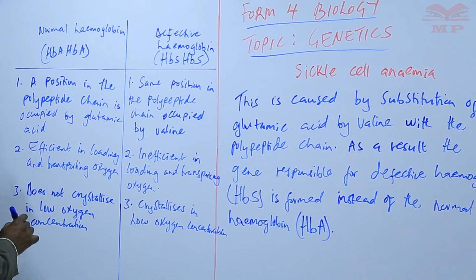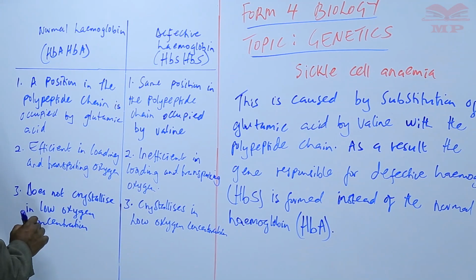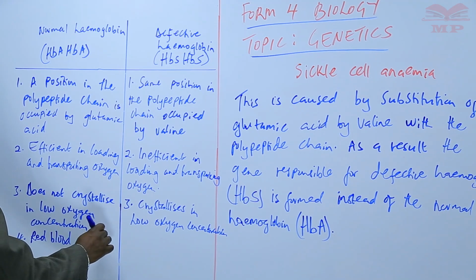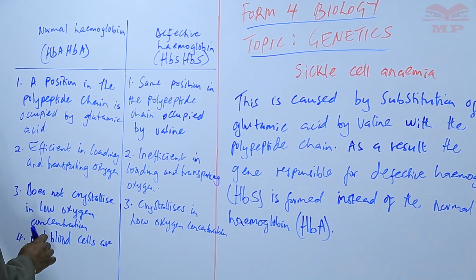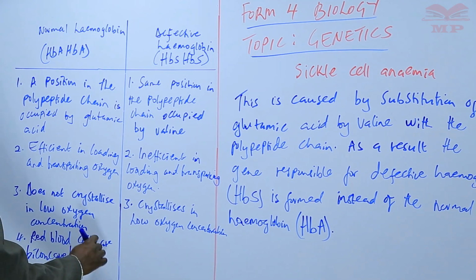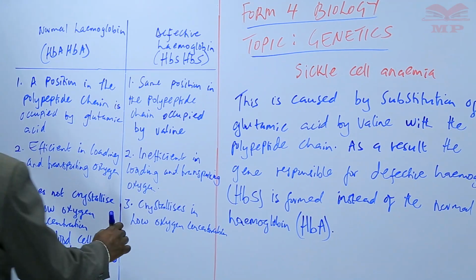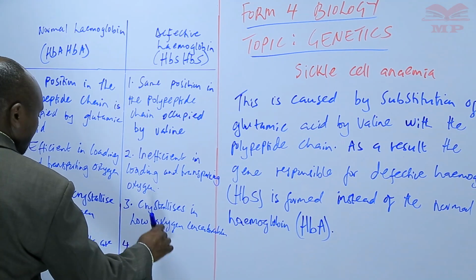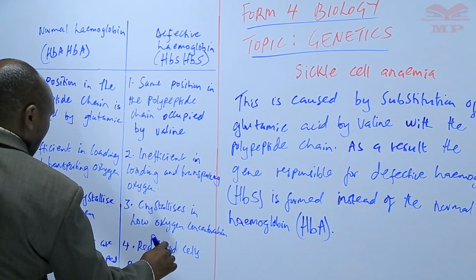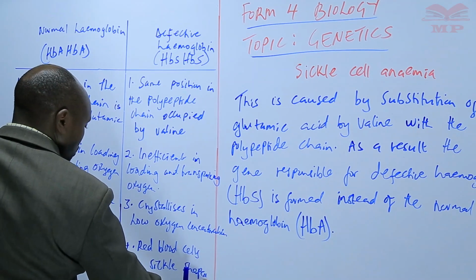And lastly, number 4, which we have explained in the diagram, the normal hemoglobin has red blood cells that are biconcave or disc shaped. But in the case of the defective hemoglobin, the red blood cells are sickle shaped.